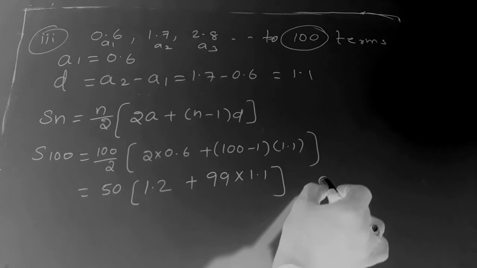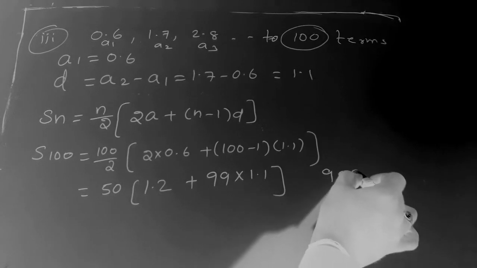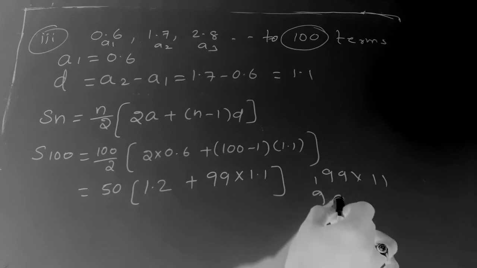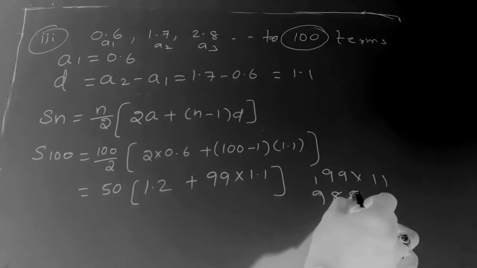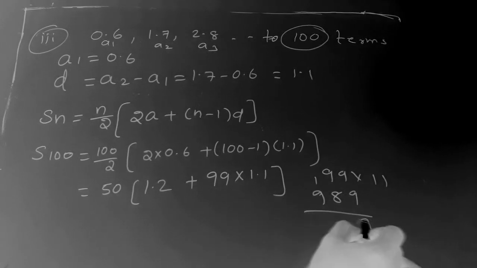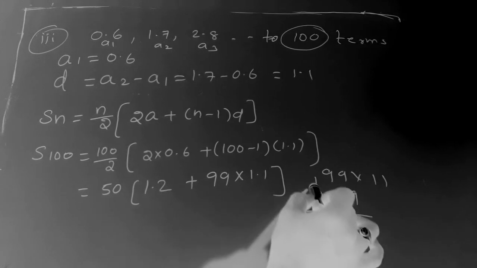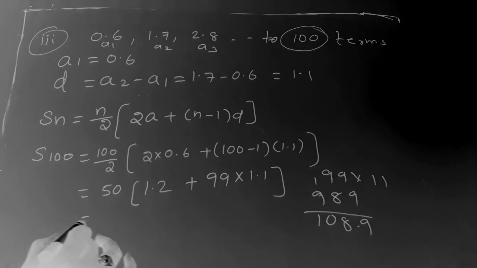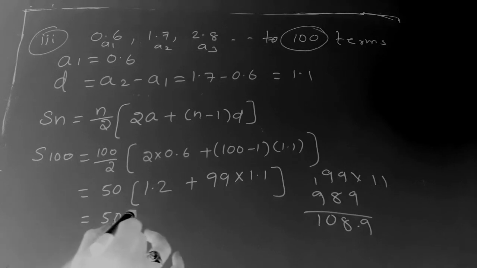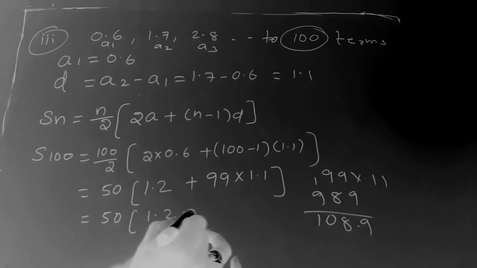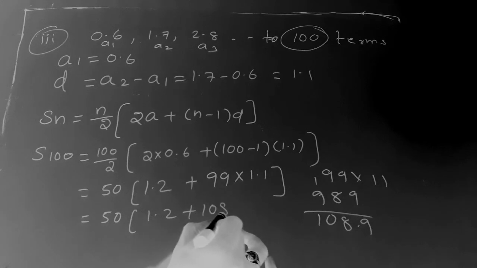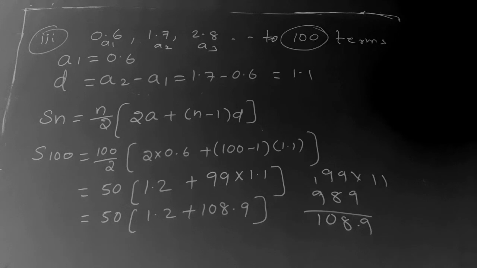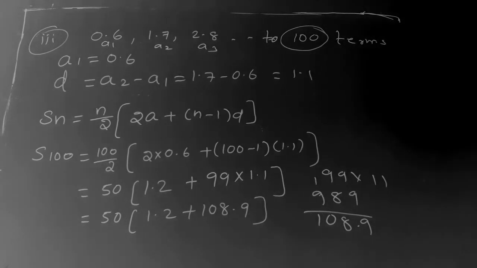So here, do 99 into 11 first. 9 as it is, 9 plus 9 is 18, and the last 9 as it is. 9, 8, 10, 9 plus 1 is 10. 108.9. So this is 1.2 plus 108.9, the product of 99 into 1.1.